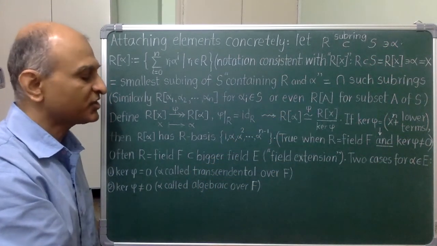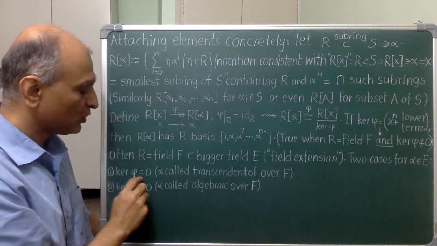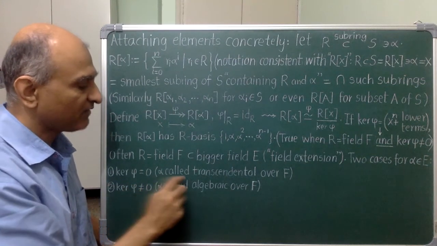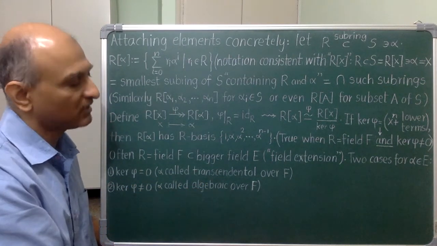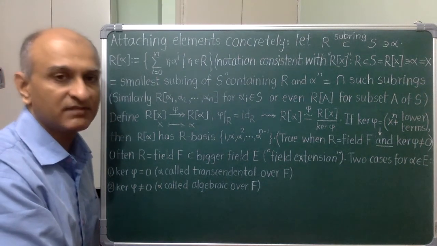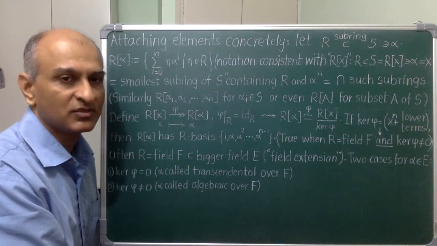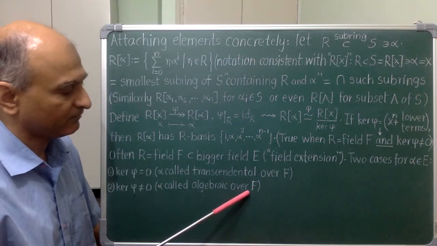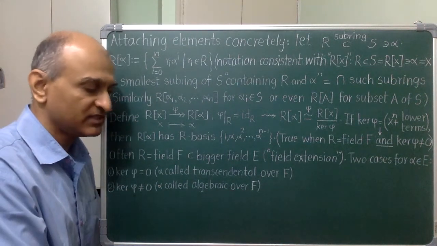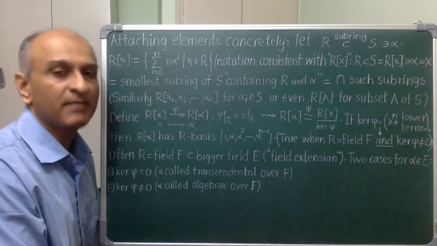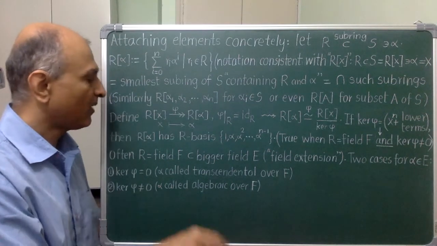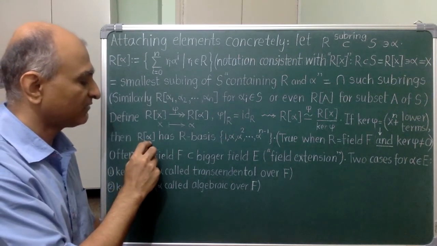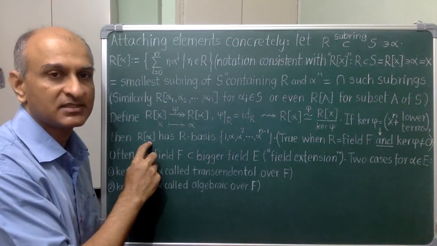If the evaluation at alpha map has no kernel, then such alpha is called transcendental over the ground field. And if this evaluation map does have non-zero kernel, then alpha is called algebraic over F. So explore both of these situations and say the maximum that you can about the ring F adjoined with alpha in each of these cases.